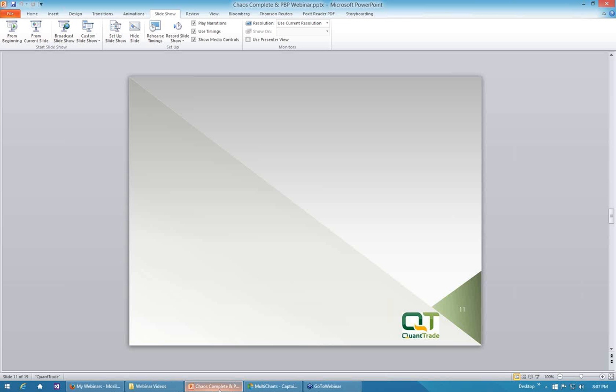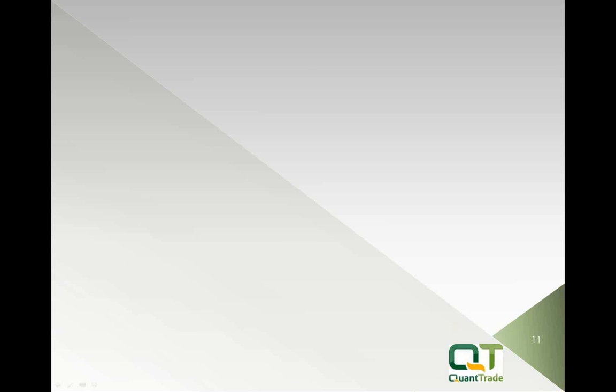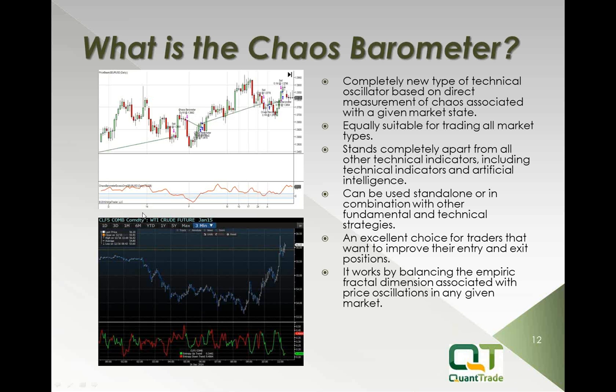Going back to the presentation here, we come to this slide. What is the Chaos Barometer? All right, so what is the Chaos Barometer? We already discussed the idea of fractal analysis, chaos theory, why we use it. But the Chaos Barometer itself, we should define it so that you have an idea of what it is that we're doing.